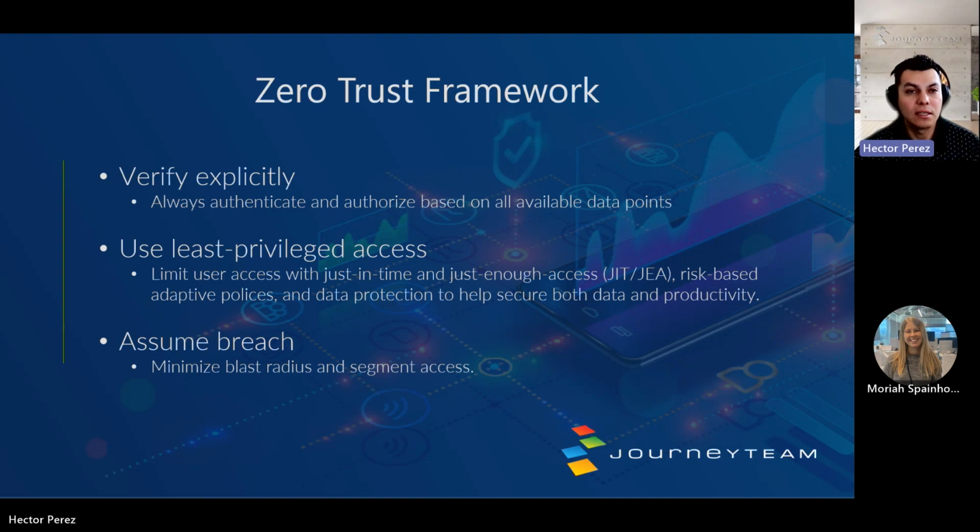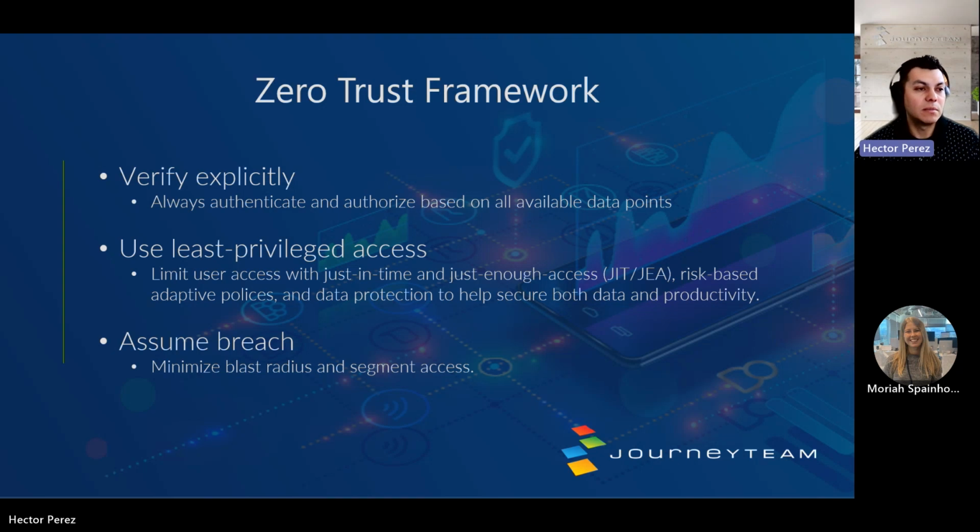that I've previously mentioned. So you take into consideration three things. First is verifying explicitly, which means that we're always going to authenticate and authorize access based on several different data points.